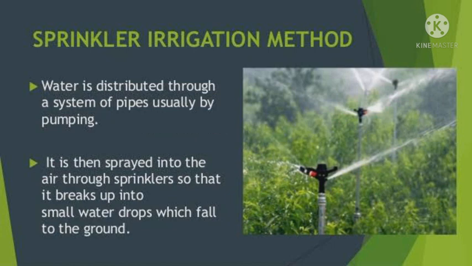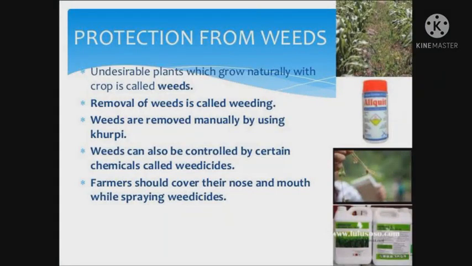Sprinkler irrigation method. In this method, water is distributed through a system of pipes, usually by pumping. It is then sprayed into the air through sprinklers so that it breaks up into small water drops which fall to the ground.